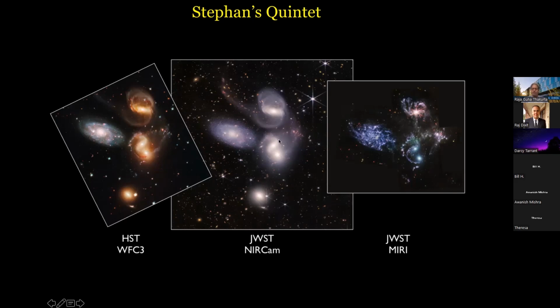And now this is James Webb's images in the mid-infrared. MIRI is the mid-infrared imager. Looks drastically different. For example, this galaxy's nucleus is the brightest in the mid-infrared, this nucleus. It doesn't look that remarkable in these two images. It looks just as bright as the others, but in the mid-infrared, it really shines through.